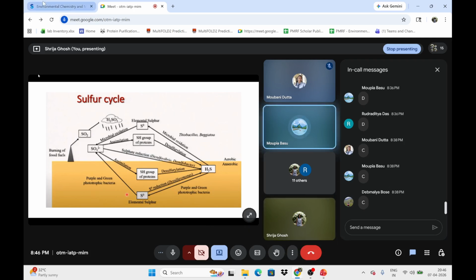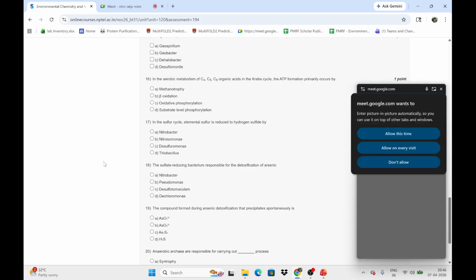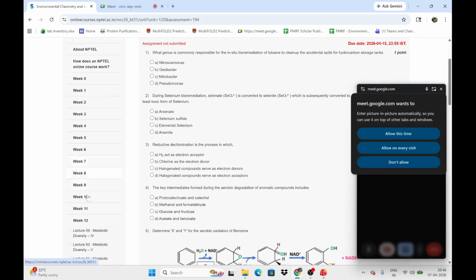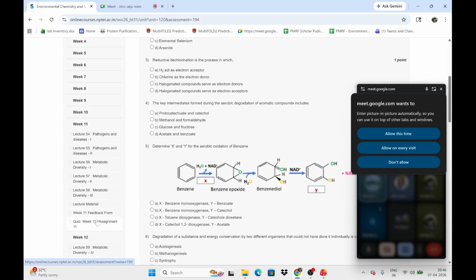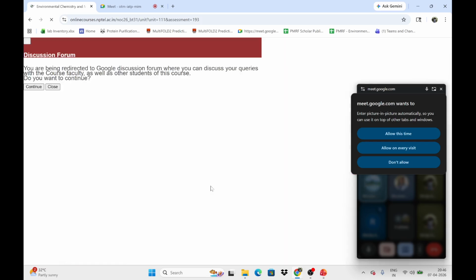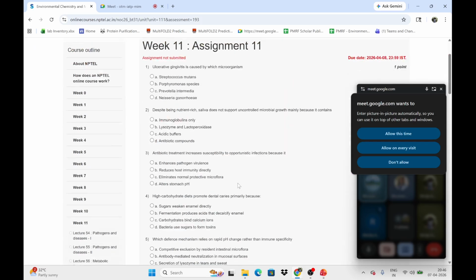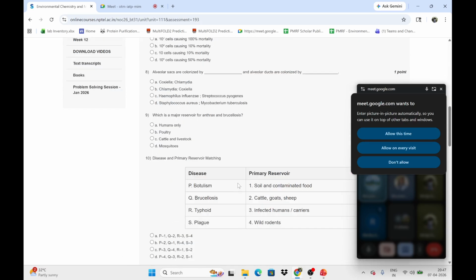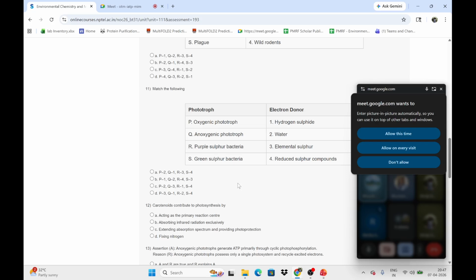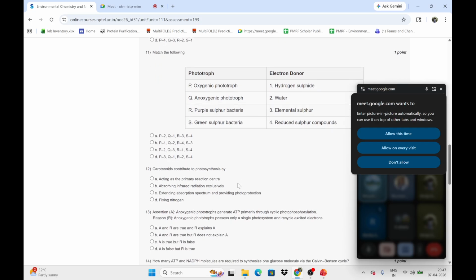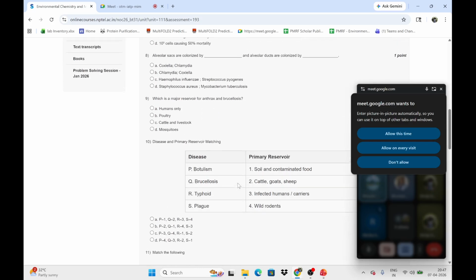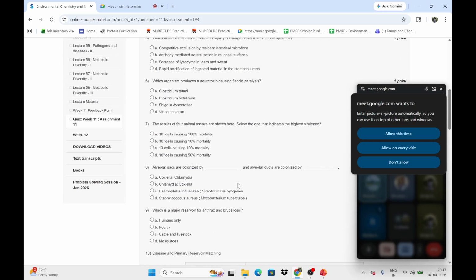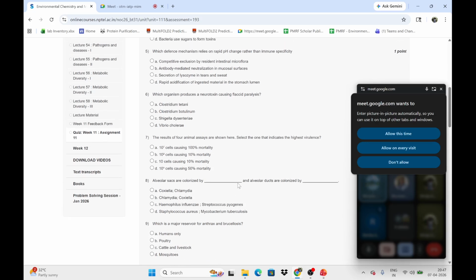Ma'am, the question is: alveolar sacs are colonized by dash and alveolar ducts are colonized by dash.